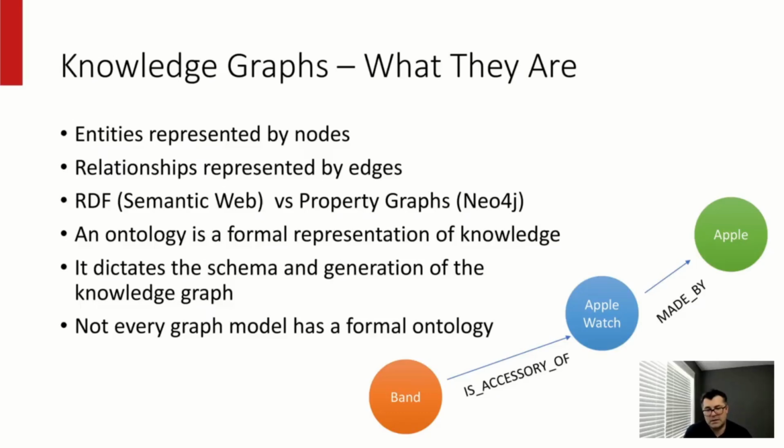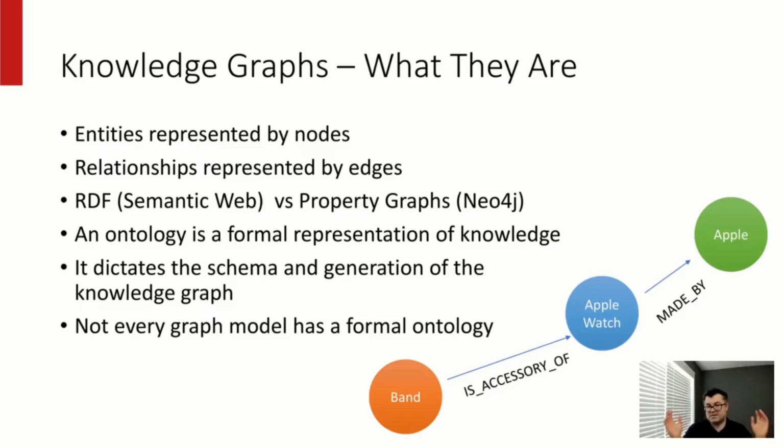One other thing I would note, because we have knowledge engineers and ontology people in the audience, an ontology you can think of as a formal representation of knowledge. And when I mean formal, I mean it's really like articulating every aspect.